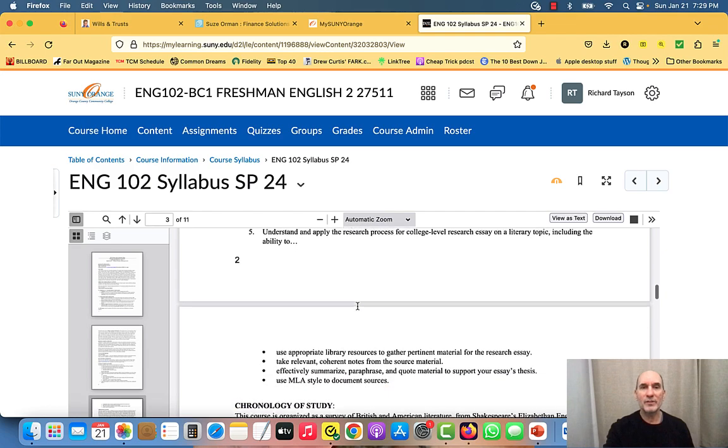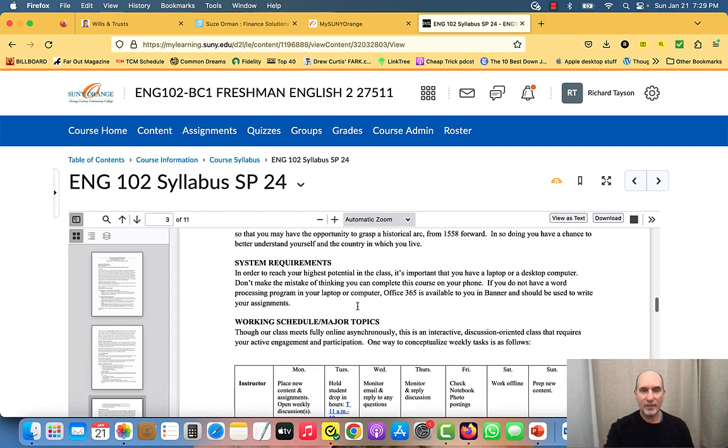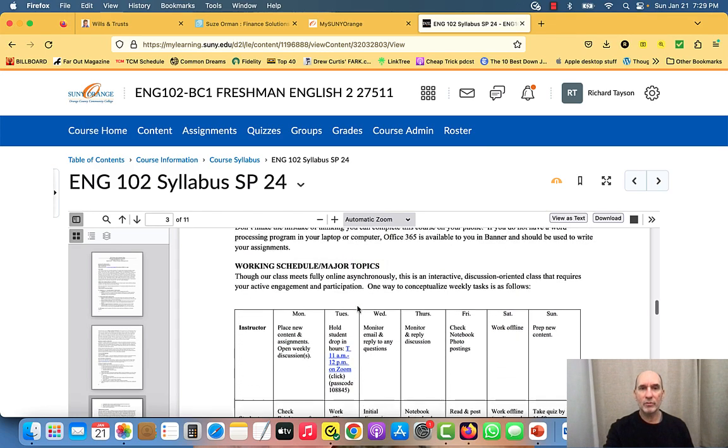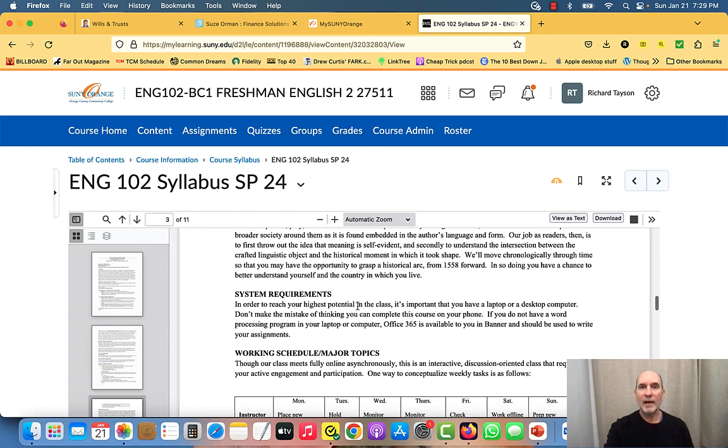System requirements. So I'd like you to think very strongly about how you're going to interact with the class. So in order to reach your highest potential, it's important that you have a laptop or a desktop computer to work at. Don't make the mistake of thinking that you can complete this course on your phone.